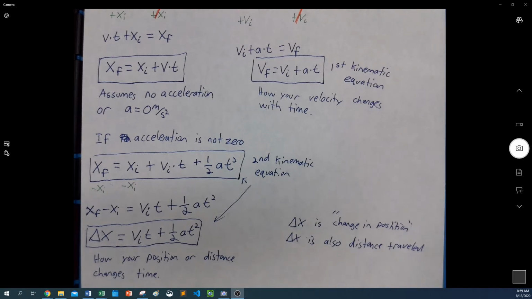These are going to be your first two kinematic equations. They're going to be your primary ones. There's also two more.